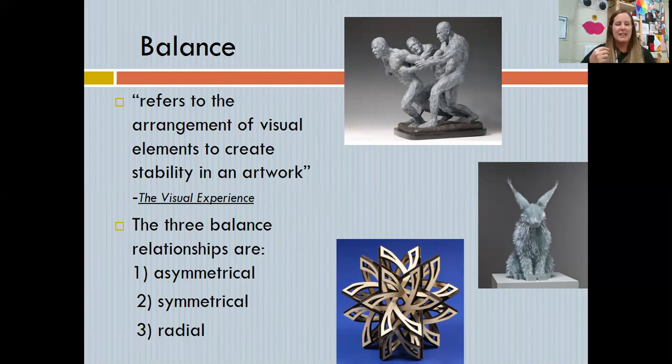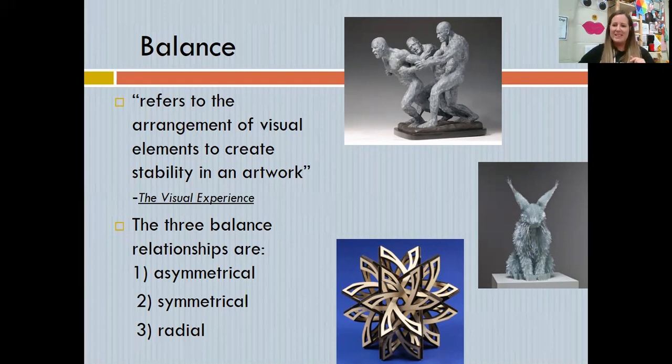Another example would be if I had a deck of cards and threw them up in the air. Everywhere they land is random. I couldn't control it, but all of those cards relate via size and color scheme. So even though I couldn't necessarily control that composition, everything still relates together.